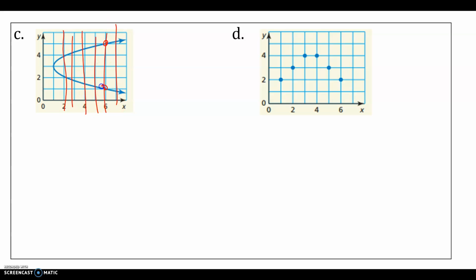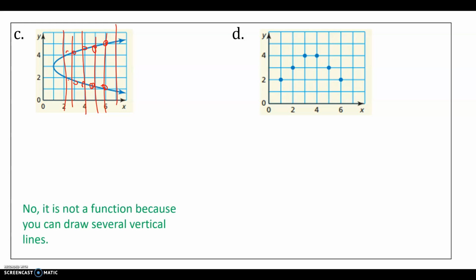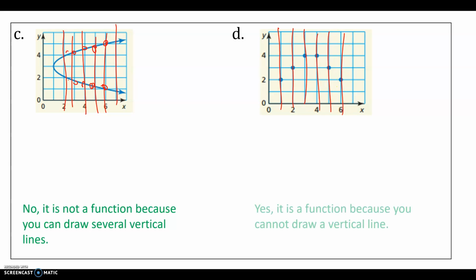It violates it several times. Look how many lines I can draw. So no, it's not a function because you can draw several vertical lines. Let's look at letter D. Line, line, line, line, line. Oh, looks like we're good. It only went through 1 point. So yes, it is a function because you cannot draw a vertical line through more than one point.